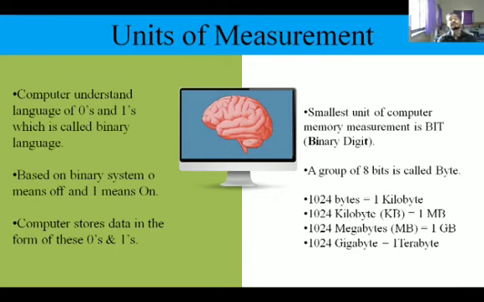When 8 bits come together, what does it form? Byte. 1024 bytes is equal to 1 kilobyte. 1024 kilobytes is equal to 1 megabyte. 1024 megabytes is equal to 1 gigabyte, and 1024 gigabytes is equal to 1 terabyte.